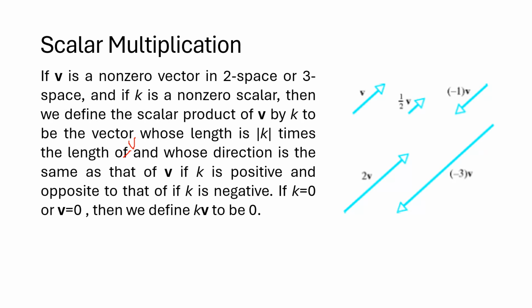If k is equal to 0 or v is equal to 0, then we define kv to be 0.